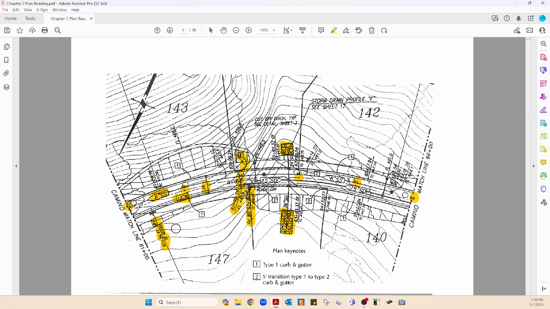These circles, I promise you, are tiny on your drawing, but on page 31, where the figure is, if you go to the far left, where it says Camino Match Line, you will see a little number 61 right about here. Well, actually, it's showing you right there is 61. Well, that matches up with the station number 61.